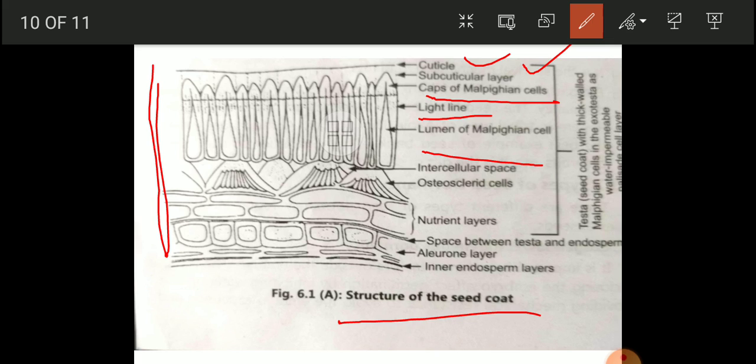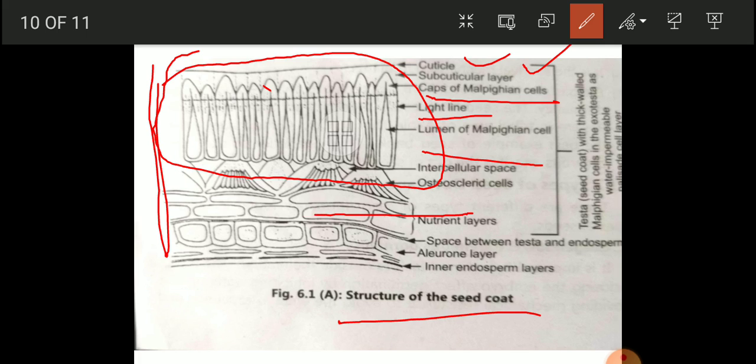You have to keep in mind that the Malpighian cells are the exotesta, which is water impermeable, a palisade cell layer. So this is a palisade cell layer. This structure is responsible for preventing entry of water and becomes a barrier for the germination of the seeds, isn't it?